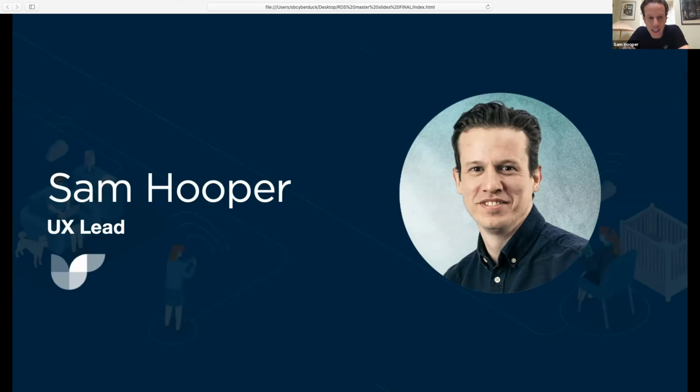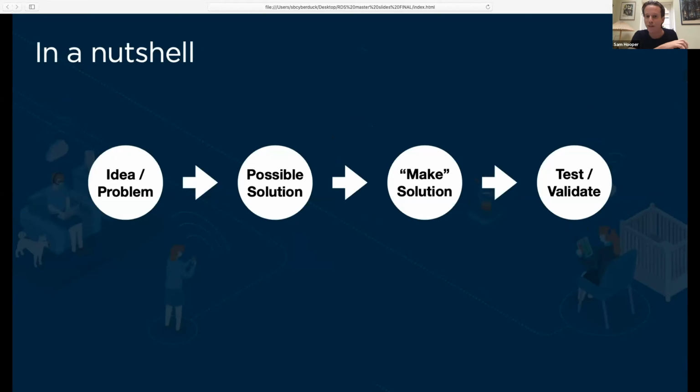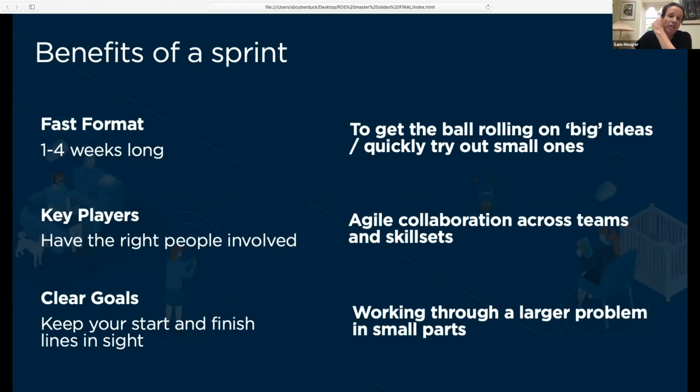In a nutshell, it's identifying ideas or a problem that you want to solve, coming up with possible solutions and whittling that down to a solution that you'd like to make or ideally fake, which we'll talk about in a bit. And then you test and validate that idea.